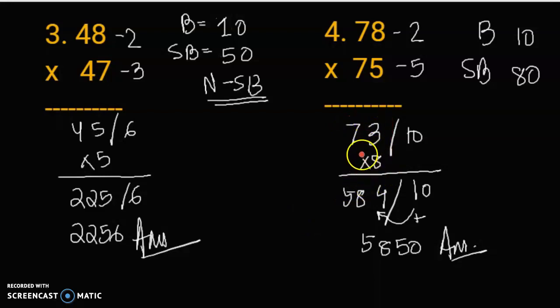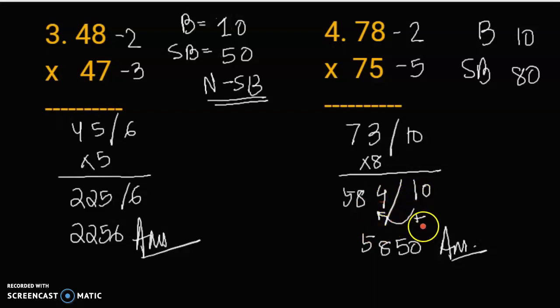Multiply the left hand part by 8 because sub-base is 8 times base. So 8 3s are 24, 8 7s are 56, and 2 is 58. On the left hand side you get 584, and on the right hand side again you have 2 digits, 1 and 0, 10. So you need to add this to the previous number.